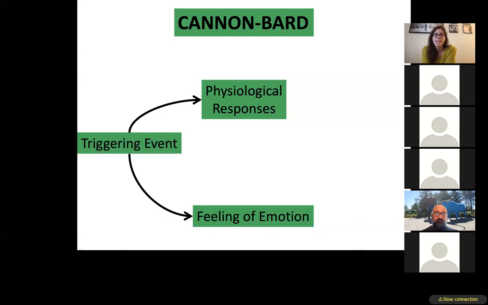They're happening at the same time, but separately. So Cannon-Bard was saying that there's an event and it leads to physiological responses and feelings of emotion at the same time, and they're independent from one another. When I say independent, it means that one doesn't cause the other.